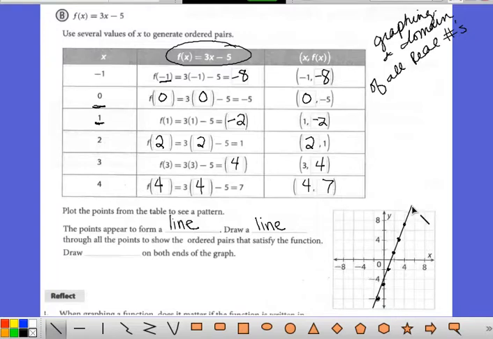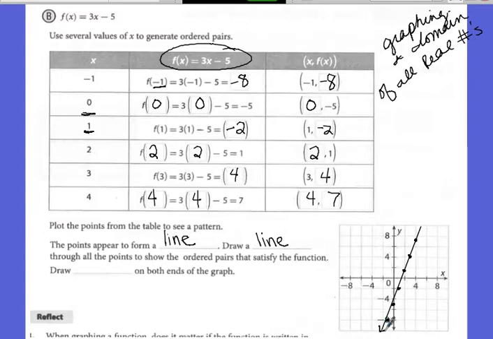And then at the end of each line, I have to put arrows because I'm graphing a domain of all real numbers. What that means is any possible number that is a real number can be put in and be a part of our graph, be a part of our problem.